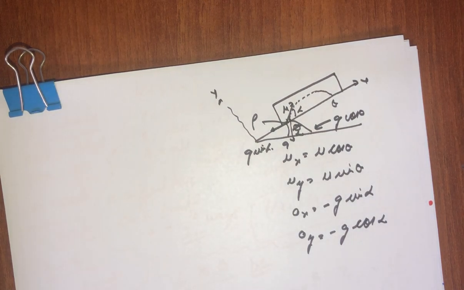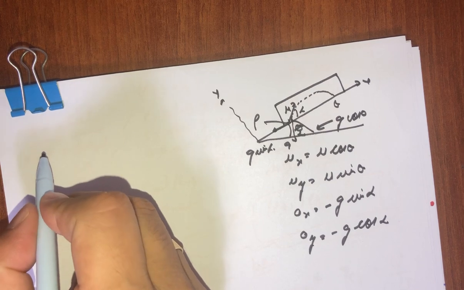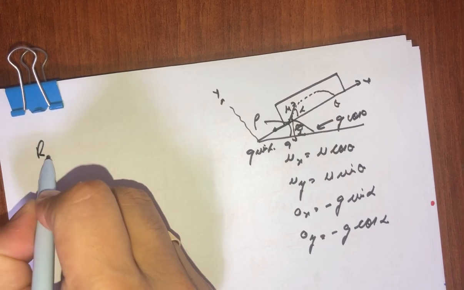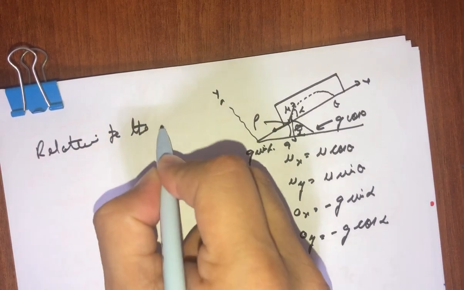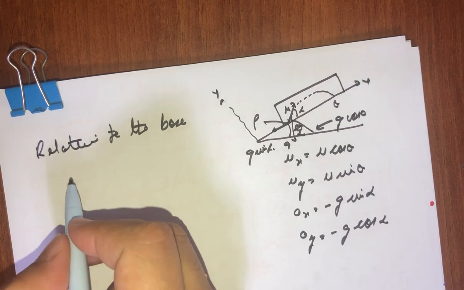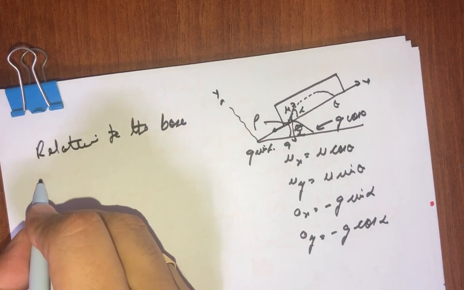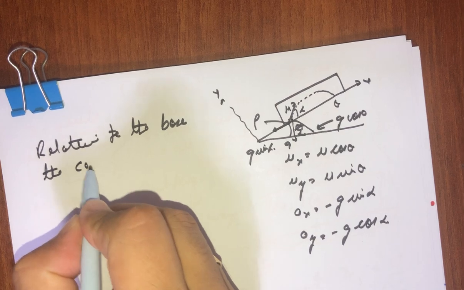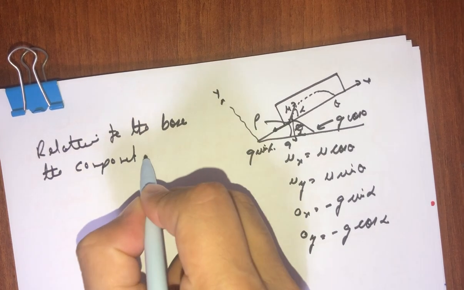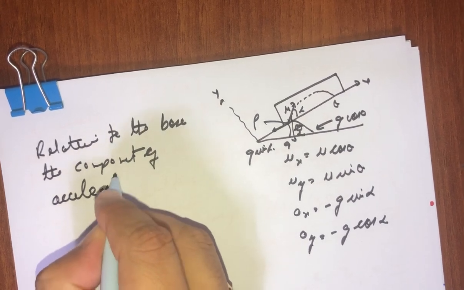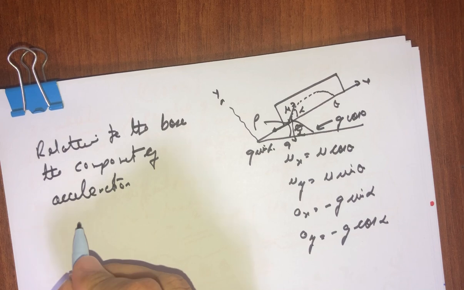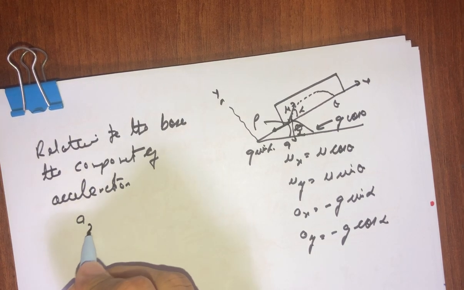So first of all we are going to find the relative motion. Relative to the box, the component of the acceleration, we can write as axb.